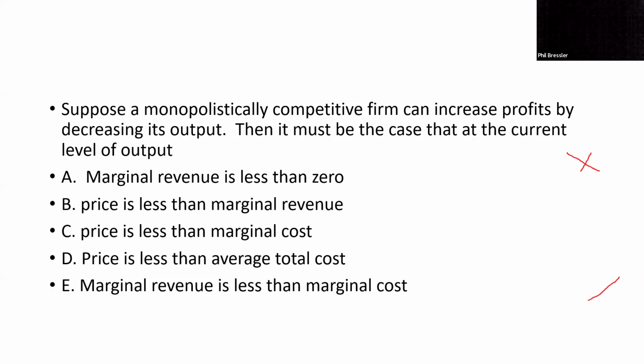Okay. I guarantee there's a question like this on the test. What do we have here? What do we got for answers? All right. E as in Ellen, right? If you can increase your profits by decreasing the output, marginal cost has to be greater than marginal revenue. And that's an E. Good job.